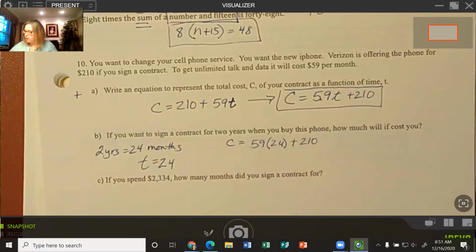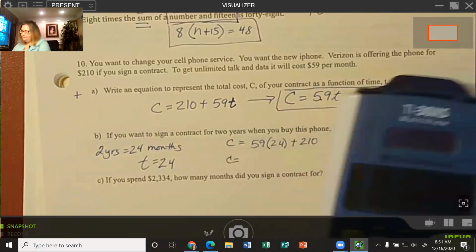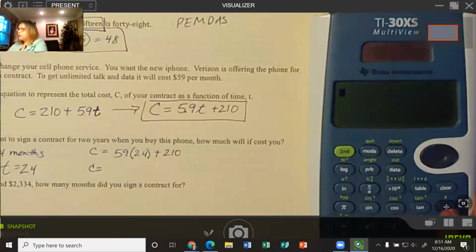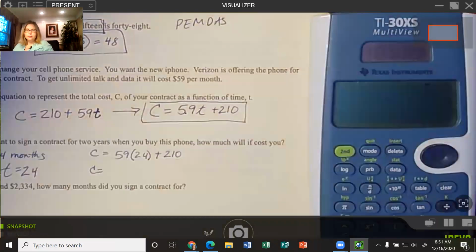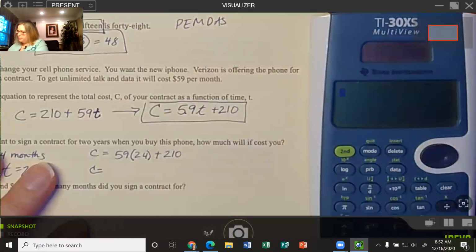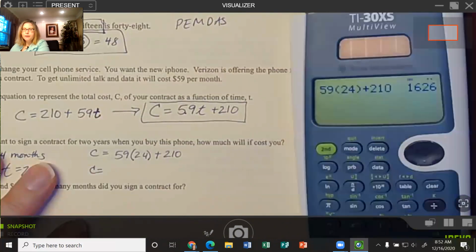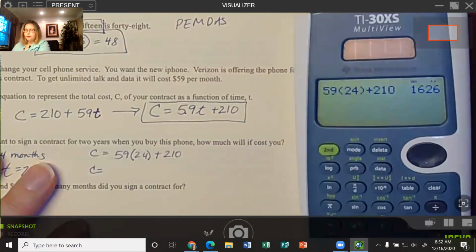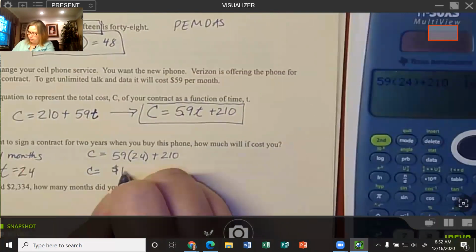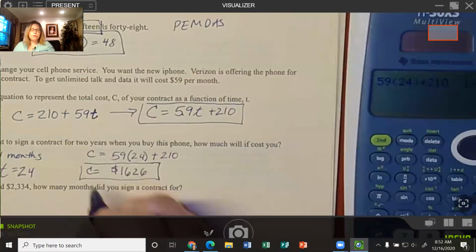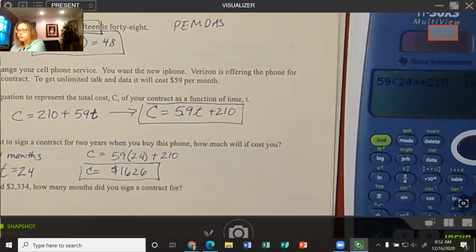So our cost is equal to 59 times 24 plus 210, and we will get $1,626. So 24 months of the cell phone service plus the cell phone itself would be $1,626.